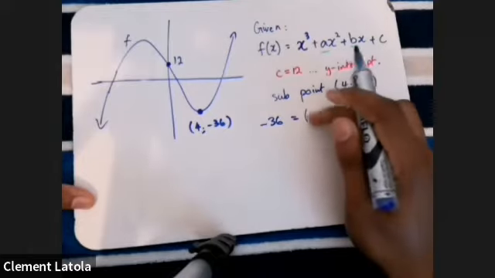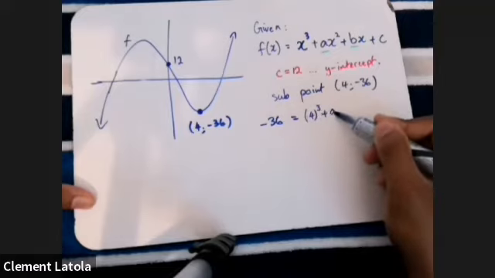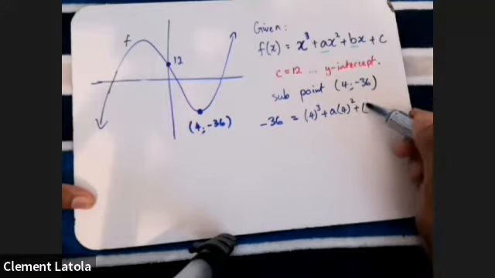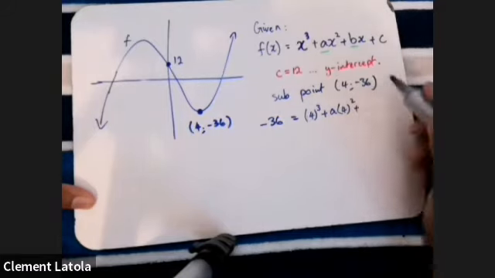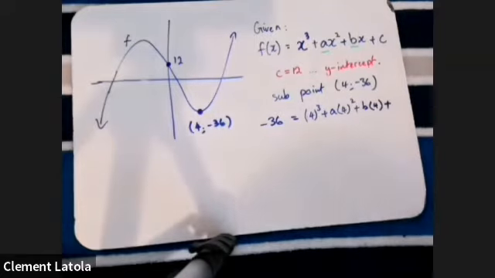4, sorry, that should be 4 cubed plus a times 4 squared plus b times 4. And then we're going to say plus c, which we said was 12. So let me put that in red, plus 12.